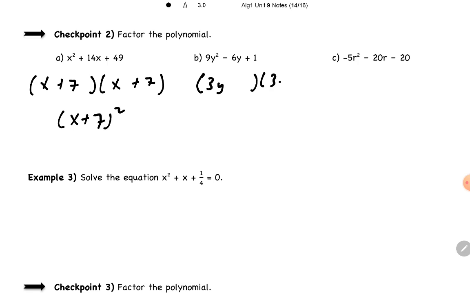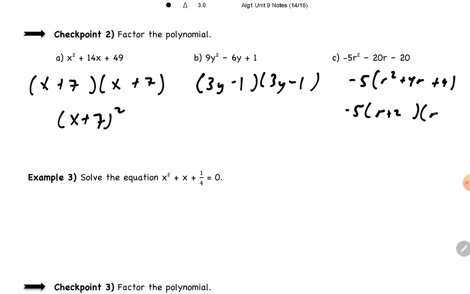I'm going to try 3 and 3, since there seems to be a pattern going on with this section. So I'll get minus 1 and minus 1. And that'll work out. Here, we're going to factor out a negative 5 to get r squared plus 4r plus 4. And this will give us negative 5 times the quantity r plus 2, r plus 2, or negative 5 times quantity r plus 2 squared.